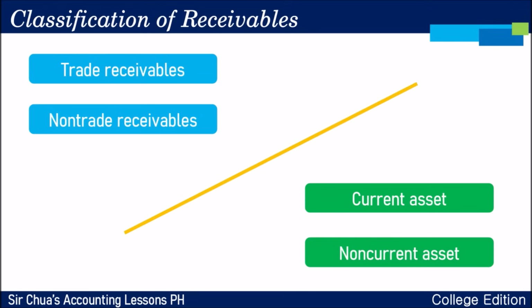Or kung non-trade receivable man po siya but it's less than 1 year na ma-expect mong ma-realize yung asset na yon, then that would also qualify as a current asset. But if the receivable is longer than 1 year or the normal operating cycle, automatically that would be classified as a non-current receivable or a non-current asset.